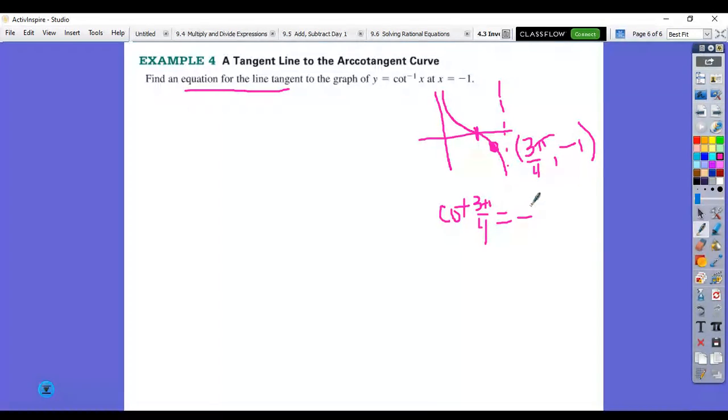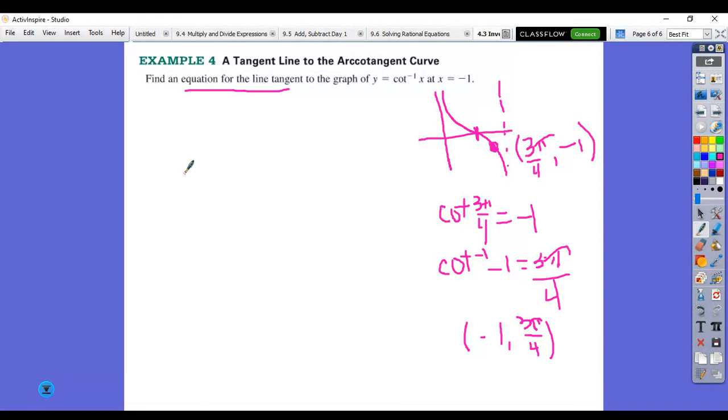If cotangent of 3 pi over 4 equals negative 1, then what do we do with inverses? Cotan inverse of negative 1 equals 3 pi over 4. So our coordinate point that we're using is negative 1, 3 pi over 4.